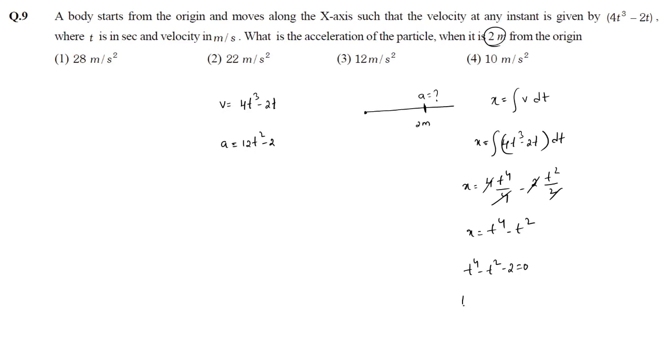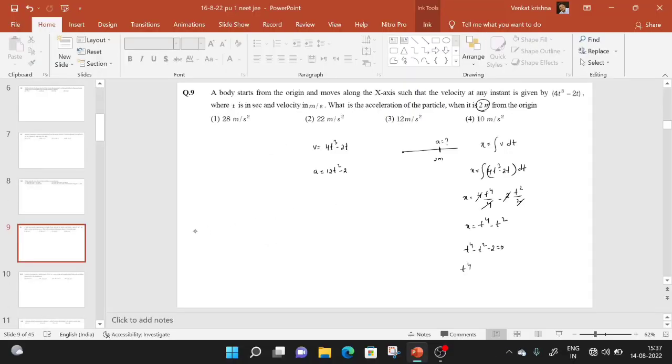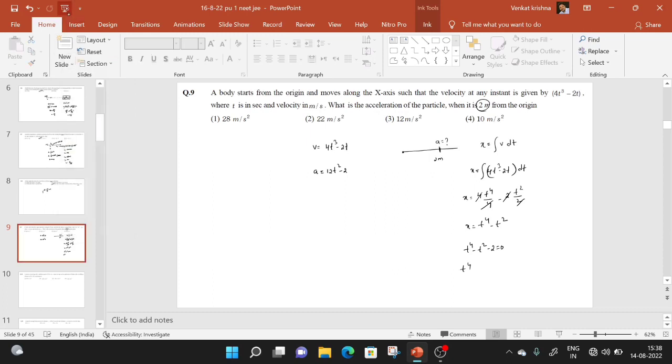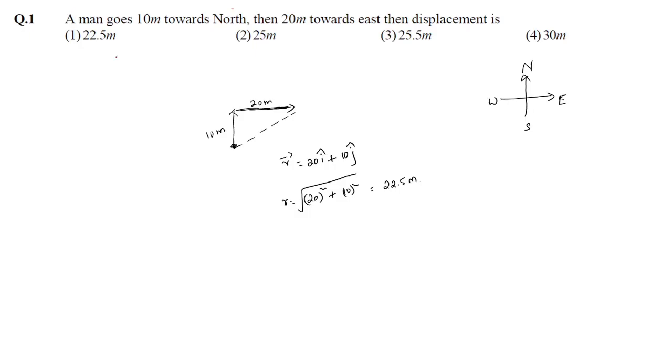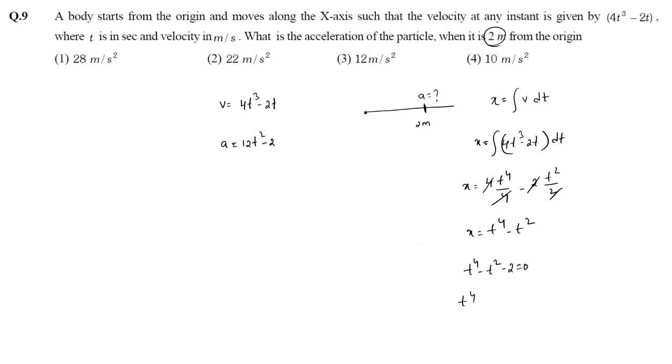Okay, so now let us try to find out the values here. We can write the equation like this: t power 4 minus... question number 9 we are discussing.